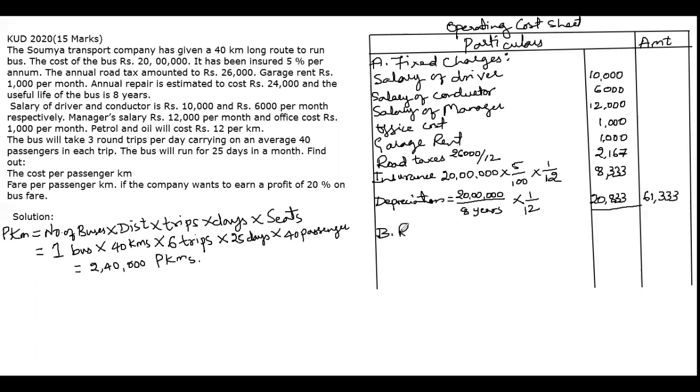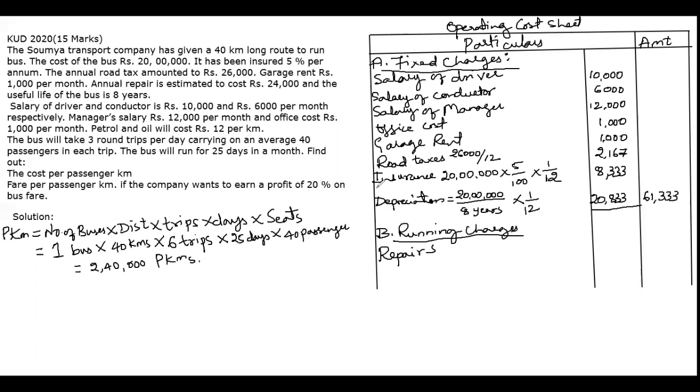Second heading, running charges. This is fixed charges and this is running charges. Under running charges, we have repairs. Repairs is 24,000 per annum.